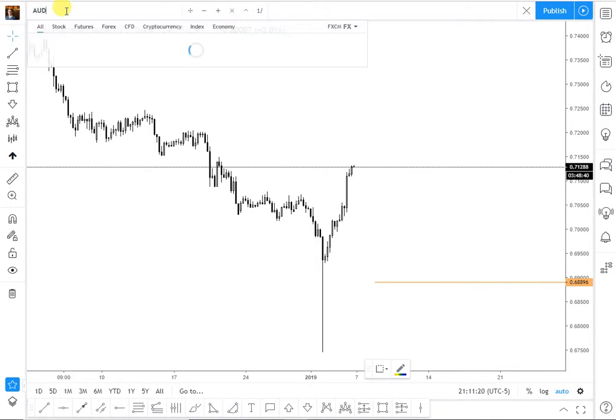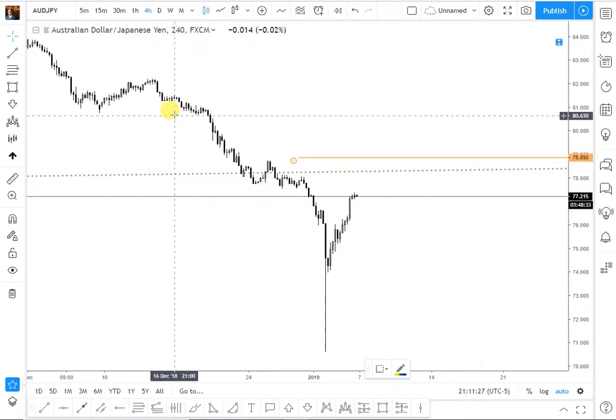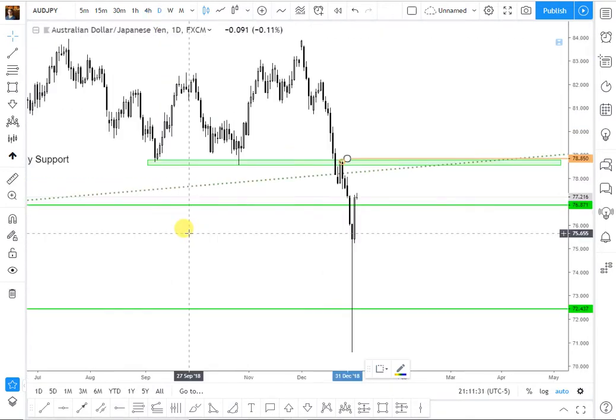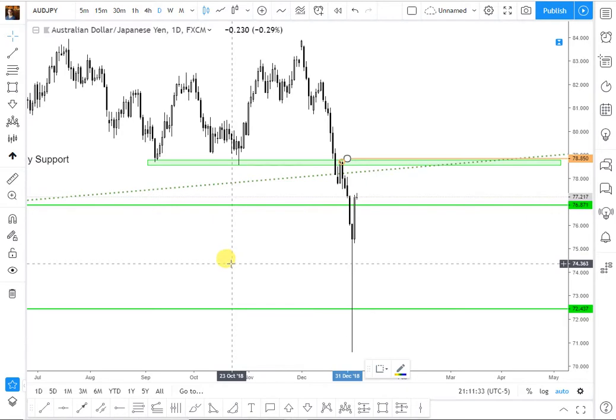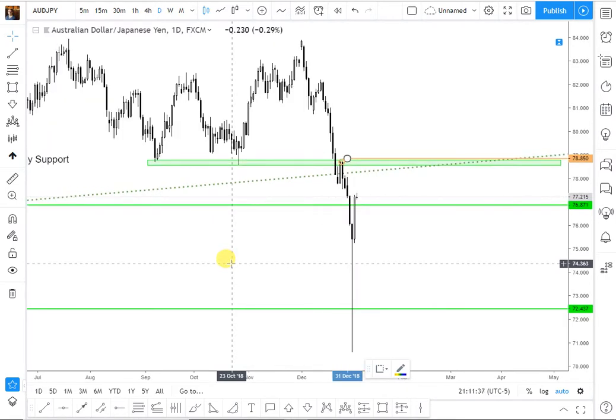Now AUD yen, and here we are with the daily time frame.